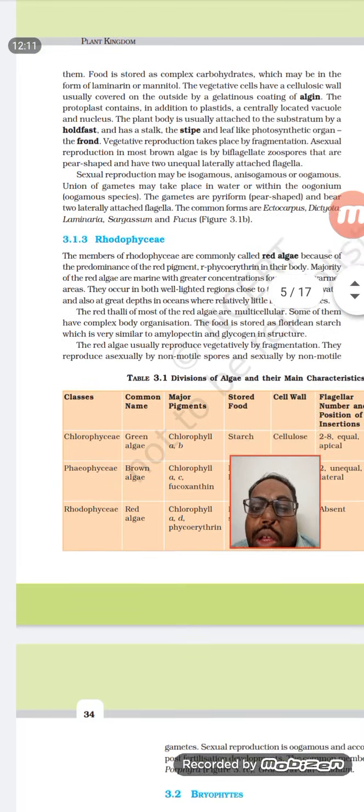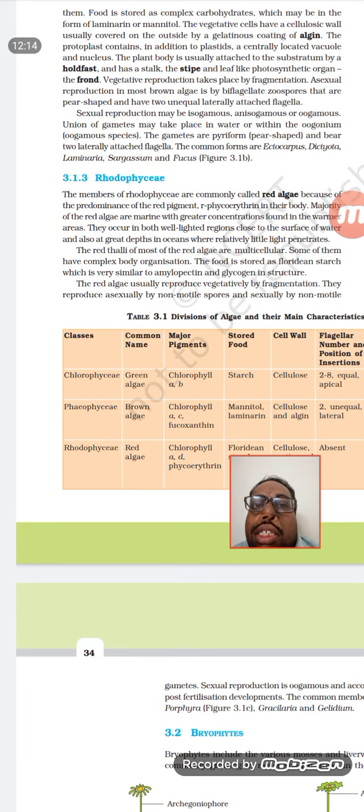The next one is Rhodophyceae. Rhodophyceae means red algae. What is important is that they contain the pigment known as phycoerythrin. And the chlorophylls are A and D, mainly A and D. And they are found in well lighted areas, very near the surface of the water. They have a very organized thallus, and they store food in the form of floridean starch.